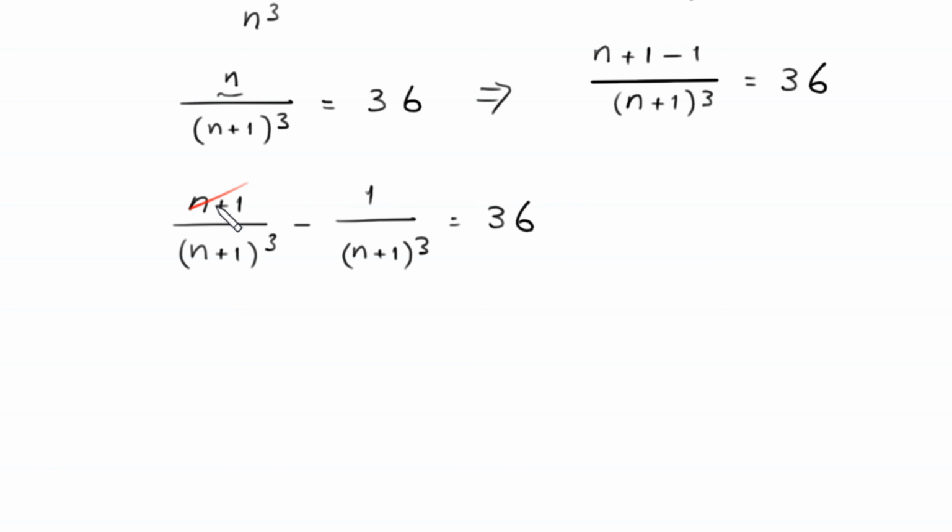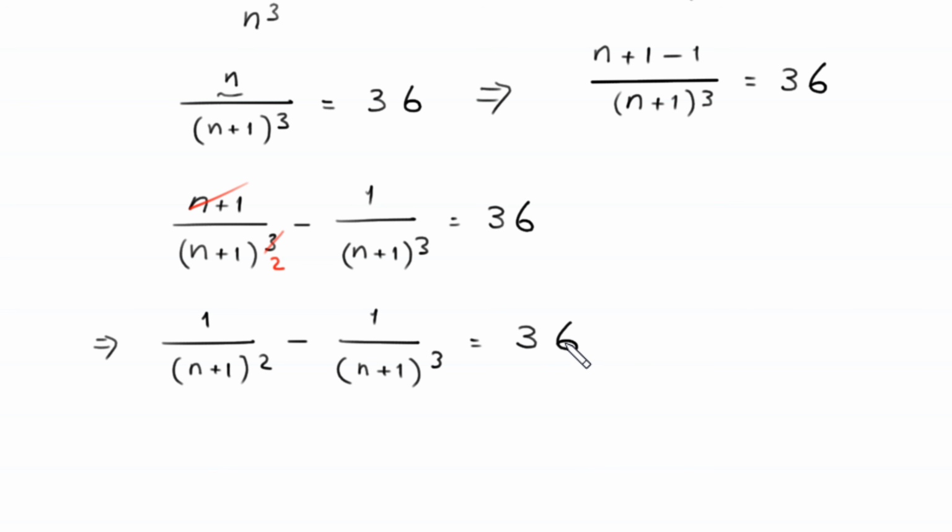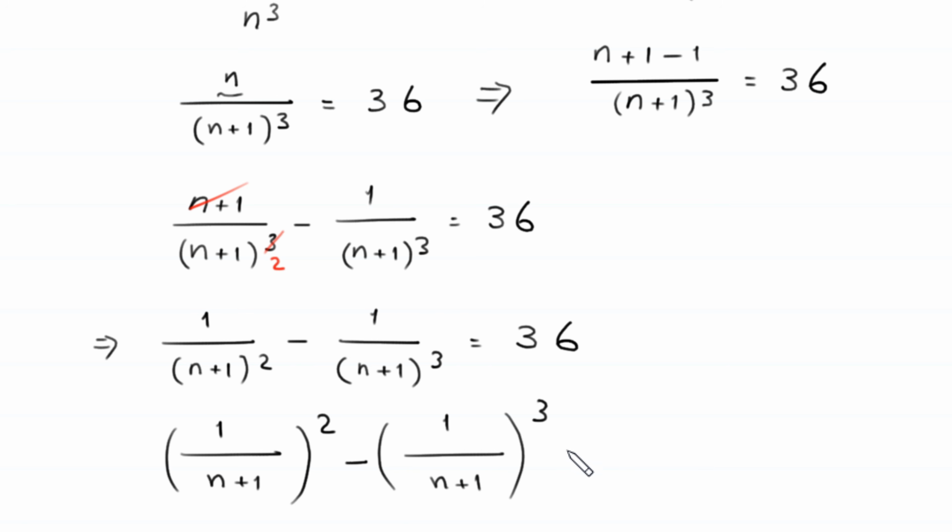And this n + 1 will be cancelled out with this cube, and here is left 2. So this equation will become 1 over (n + 1)² minus 1 over (n + 1)³ is equal to 36.